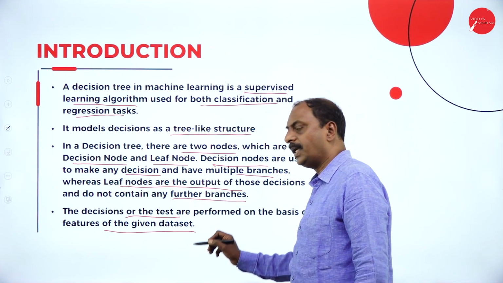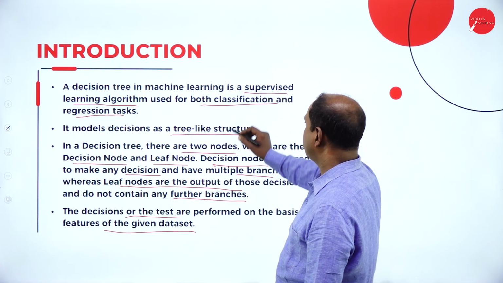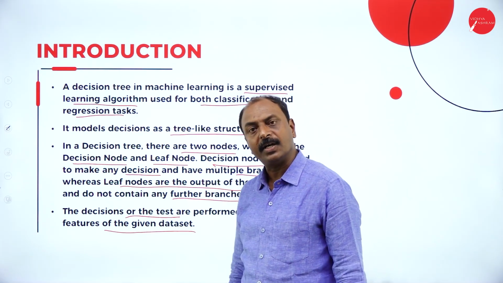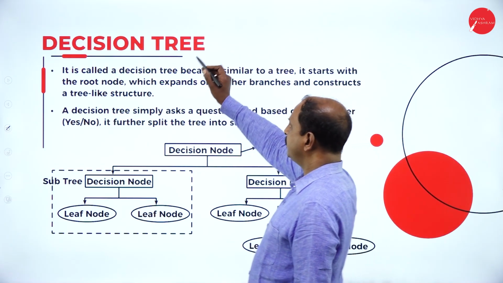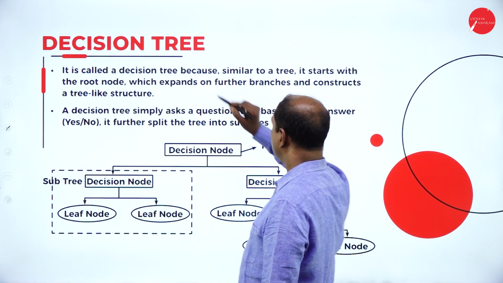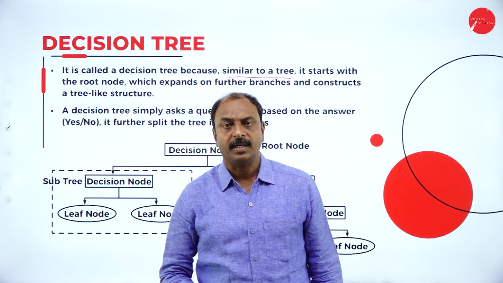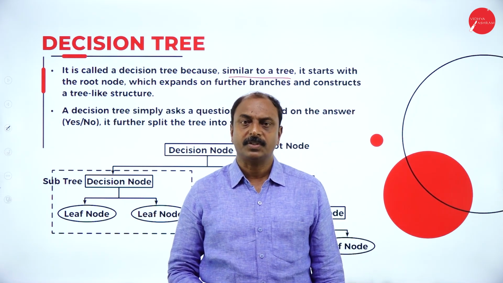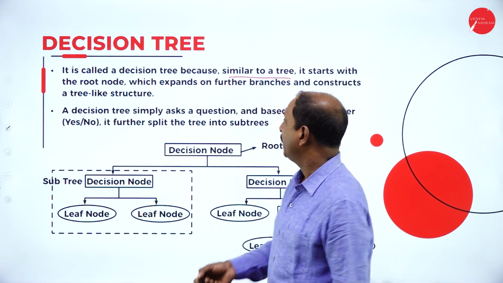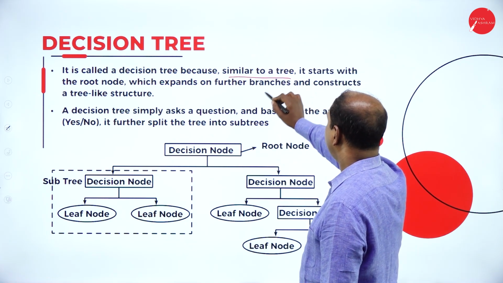A decision tree is a supervised learning algorithm, and it is called a decision tree because it is similar to a tree. The functioning of this algorithm is just like a tree.